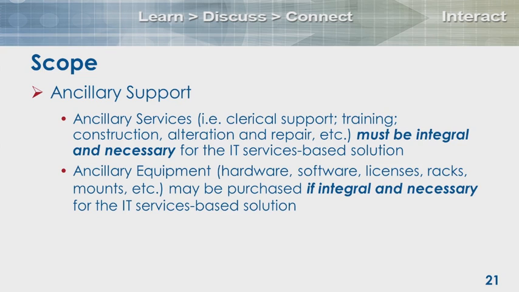Ancillary equipment, hardware, software, licenses, and mounts, those things can be purchased throughout the life of the task order. So basically, you don't have to identify these ancillary equipment up front, okay? You can have a separate contract line item and put a not-to-exceed ceiling on it.